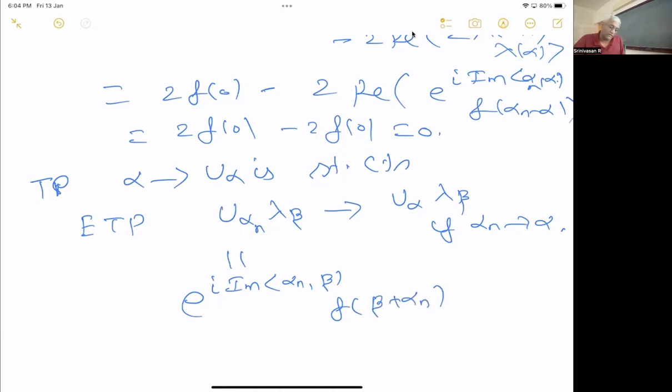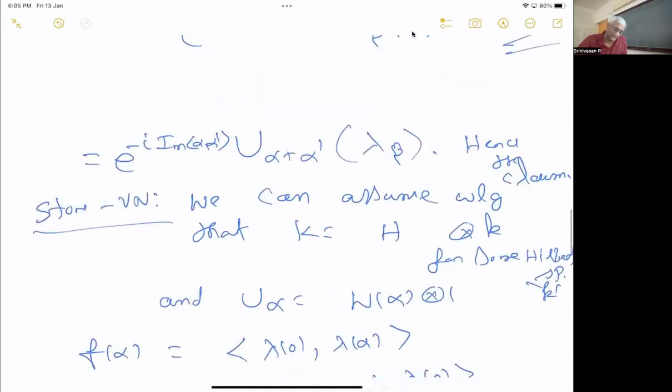Now we have proved that lambda is a continuous function. So because of that, this will go to U alpha lambda beta. So we have verified the strong continuity. It's important that we verify the strong continuity. So it's strongly continuous and it satisfies the Weyl commutation relation. Then we use the Stone-von Neumann theorem to get this. Done.